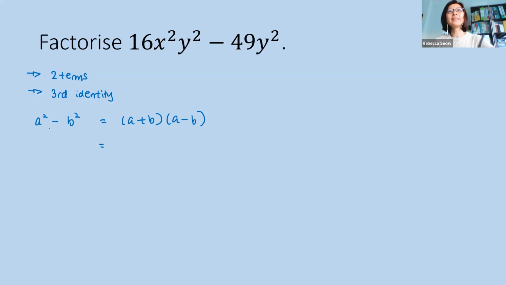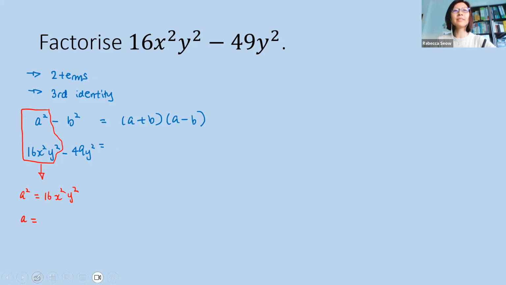We have 16x squared y squared, oh, okay, this one looks tough, minus 49y squared. Now let's do a one-on-one comparison. If a squared is 16x squared y squared, that means we have to square root every single term in here. So let's start from the coefficient. If we square root 16, we end up with 4, right?